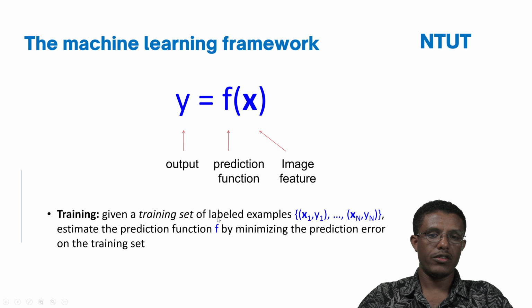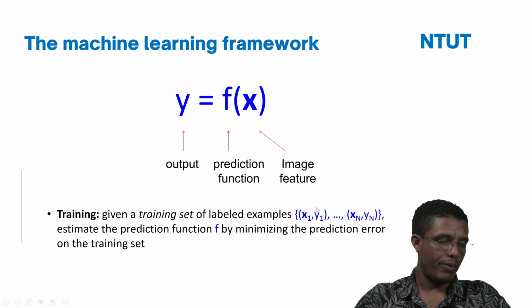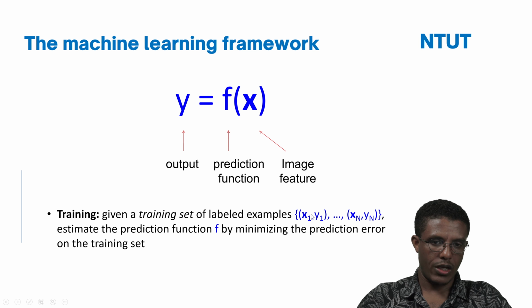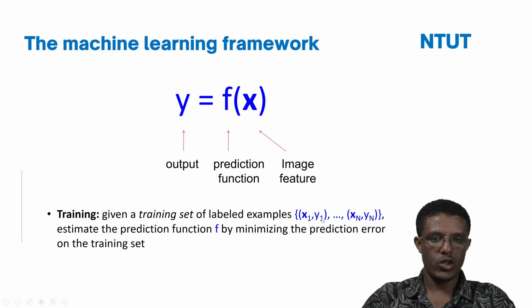So given a training set of labeled examples, labeled means there is x, the input features, and there are expected outputs. So x1 and y1, up to xn and yn. This is the number of data points that can be defined there. So x represents the input features and y represents the expected output.